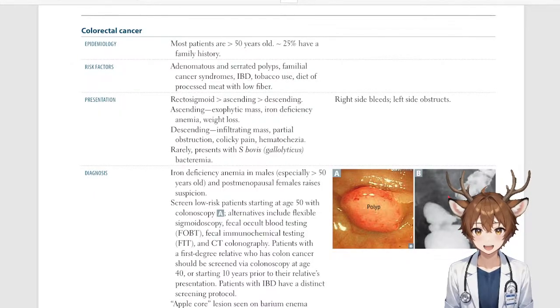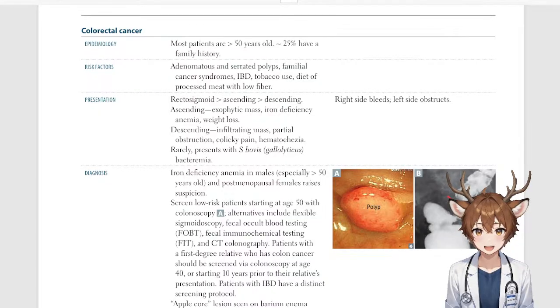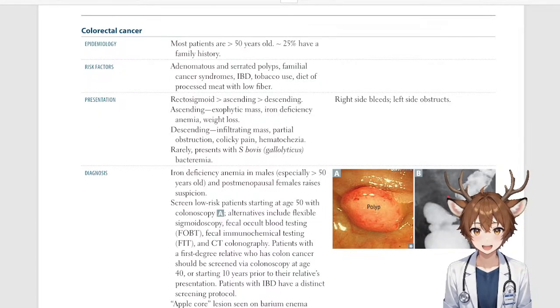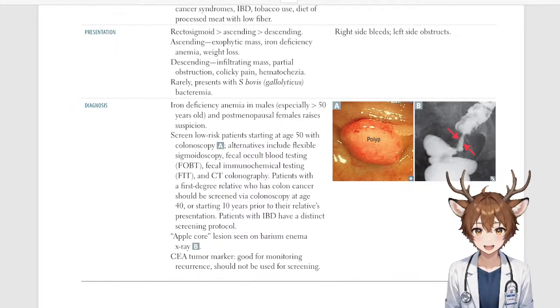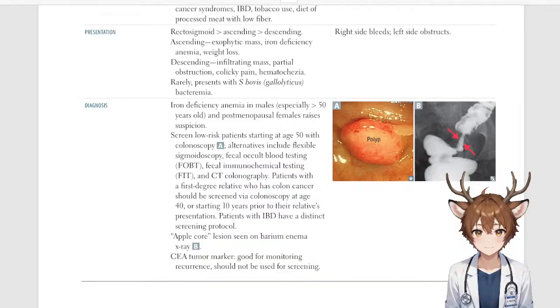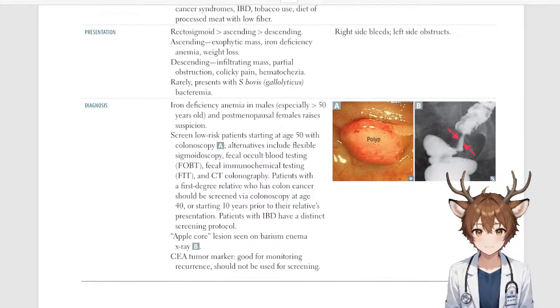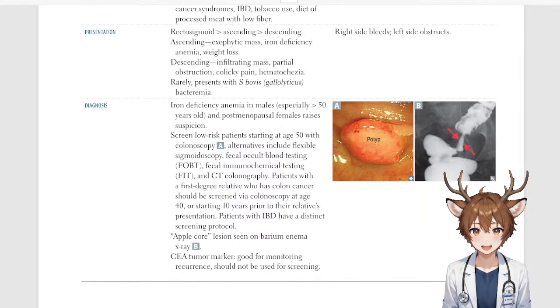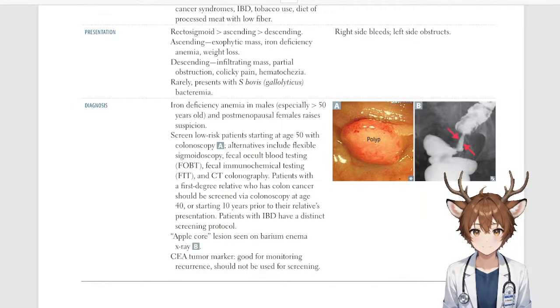Diagnosis of colorectal cancer. Iron deficiency anemia in males, especially greater than 50 years of age, and postmenopausal females raises suspicion. Screening: average risk screen at age 45 with colonoscopy, polyp seen in picture A. Alternatives include flexible sigmoidoscopy, fecal occult blood test, FOBT, fecal immunochemical testing, FIT, fecal DNA, CT colonography.